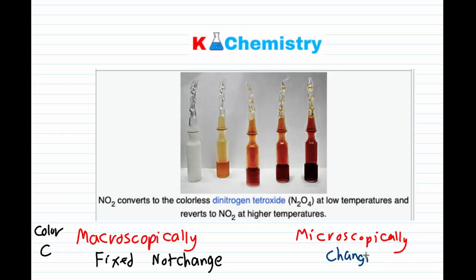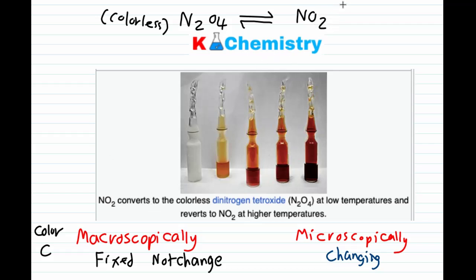So if we have this reaction, N2O4 is breaking down. Let's draw it with the black color. N2O4, dinitrogen tetroxide, is a colorless gas, and then this changes into NO2, which is a reddish brown gas, or dark brown gas.